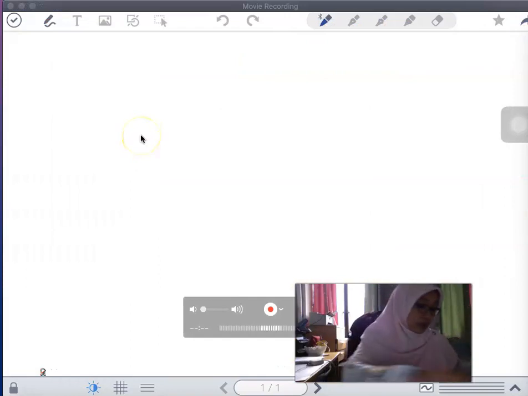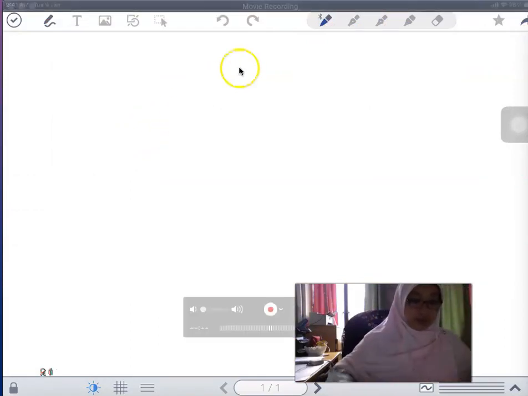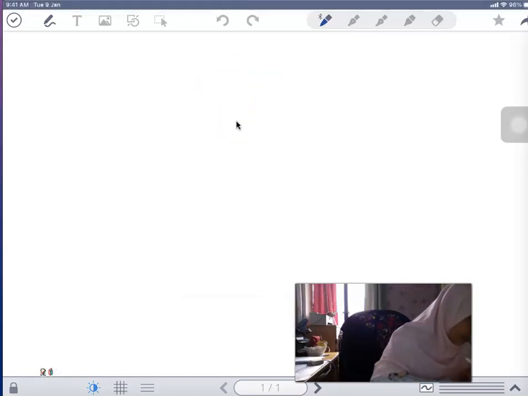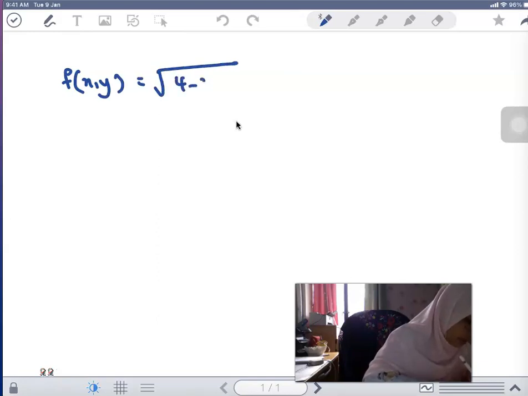So here the function is the square root of 4 minus x squared minus y squared.